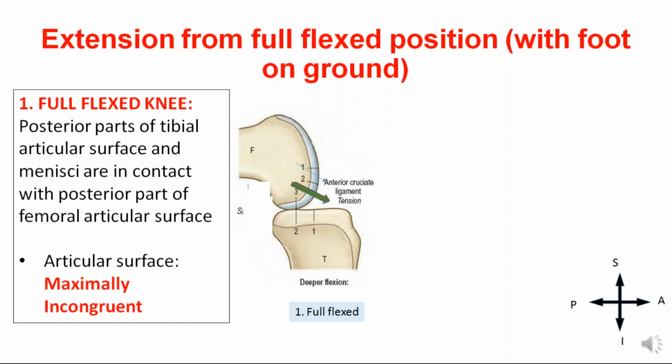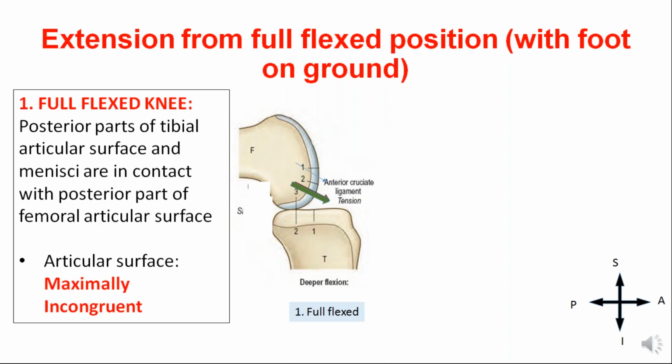Is it a congruent state of the articular surfaces? No, it is the maximally incongruent state. In this position there is minimal contact between the articular surfaces, making the fully flexed position a maximally incongruent position in the knee joint.